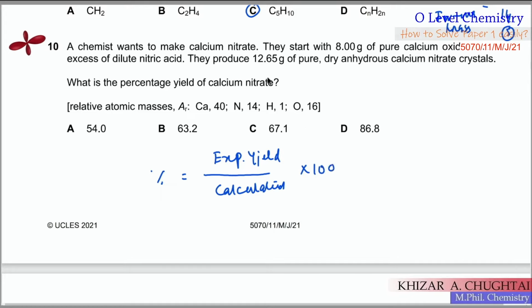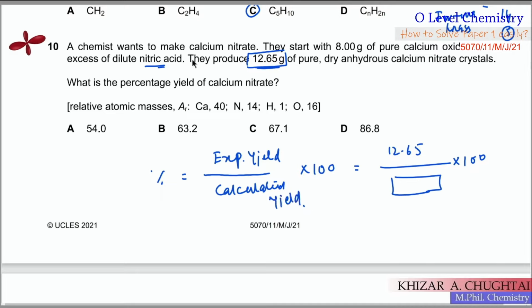In this case, the 12.6 gram produced is the experimental yield. So I'm having 12.6 into 100, but first I have to calculate the calculated yield.